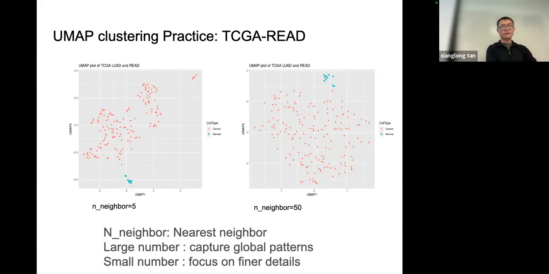If you have a larger data set, you probably want to set the number a little higher to show the clustering. Otherwise it'll be too much detail, and you subcluster your samples too much. You want each group to cluster together. You can play around with these numbers to check which one is the best presentation for your figure.